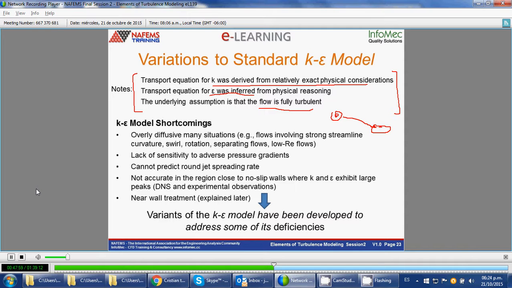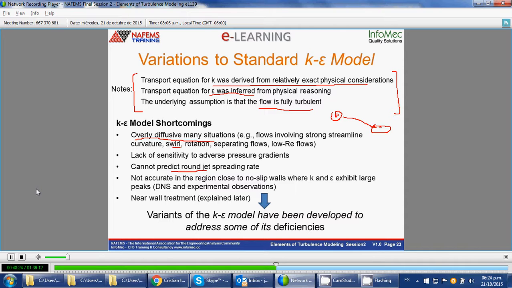k epsilon seems to be overly diffusive in many applications, especially if you have much streamline curvature, swirl, and so forth. If you have adverse pressure gradient, it seems to be not as responsive to that adverse pressure gradient. And we had problems with the round jet and other problems.